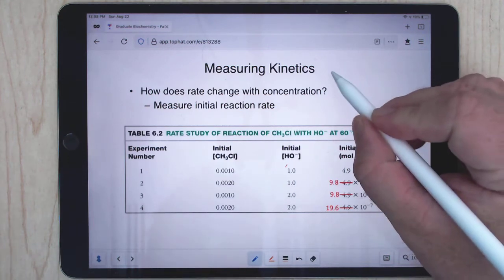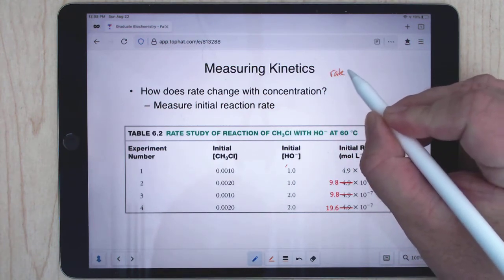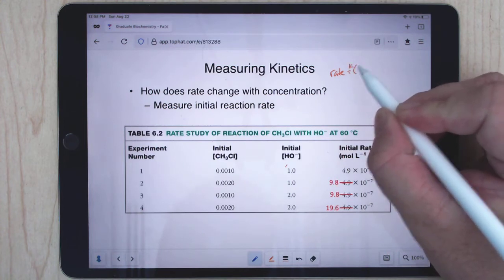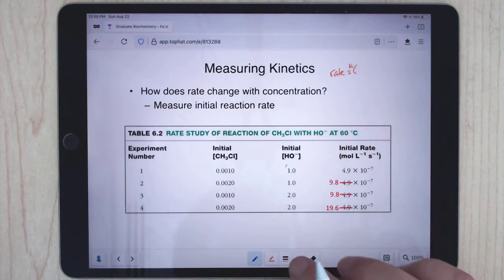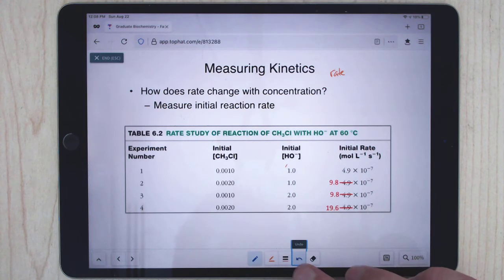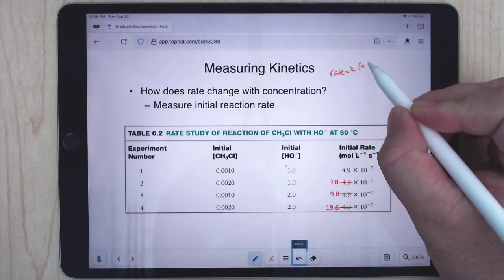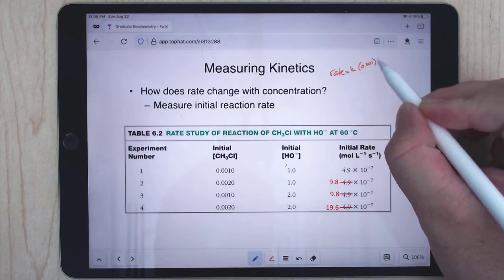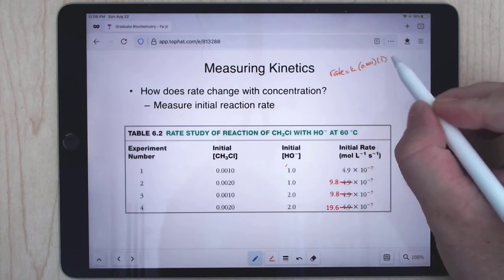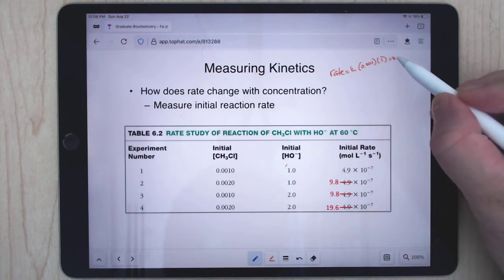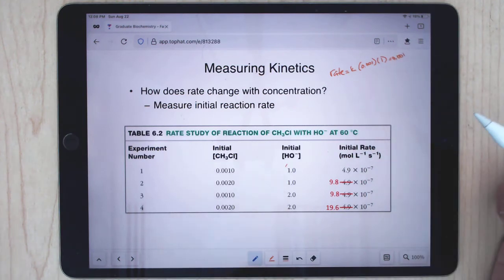So if you're running at rate equals k times 0.001 times 1, that'll equal 0.001k.